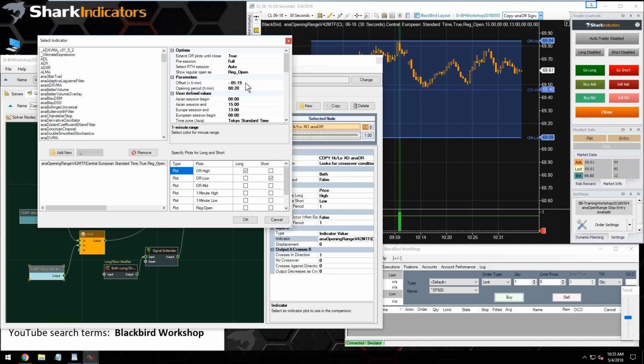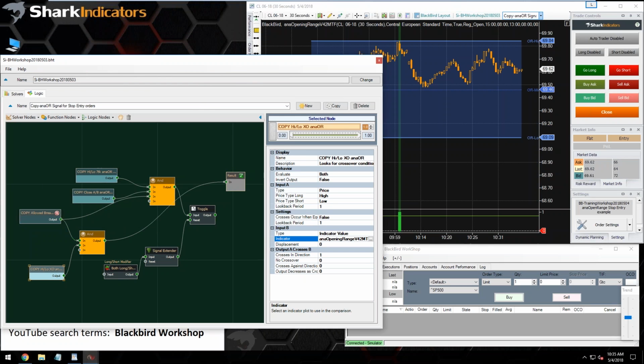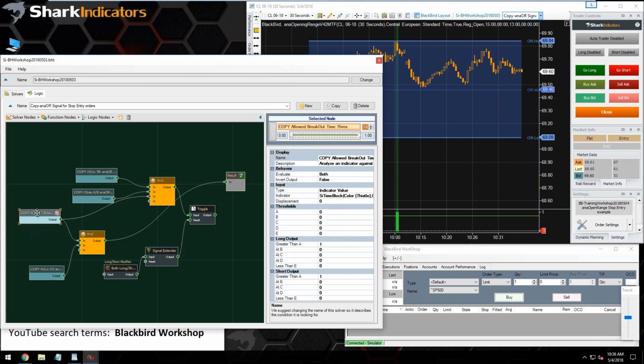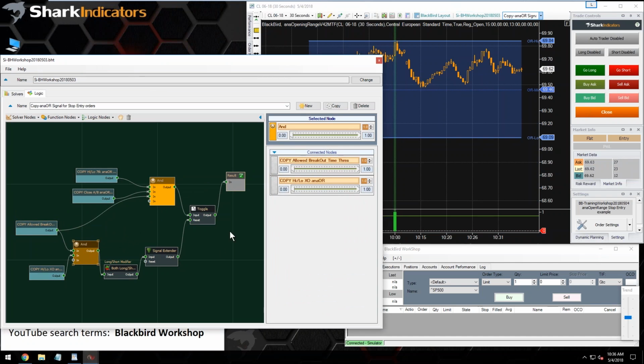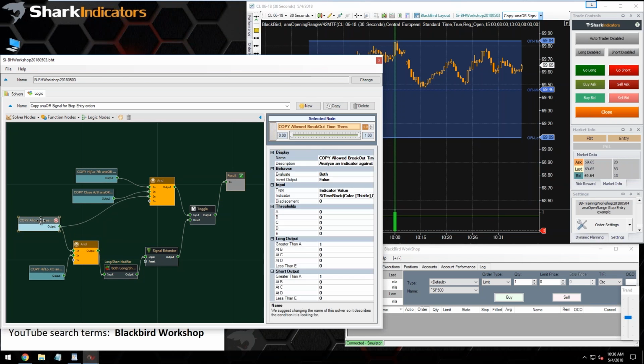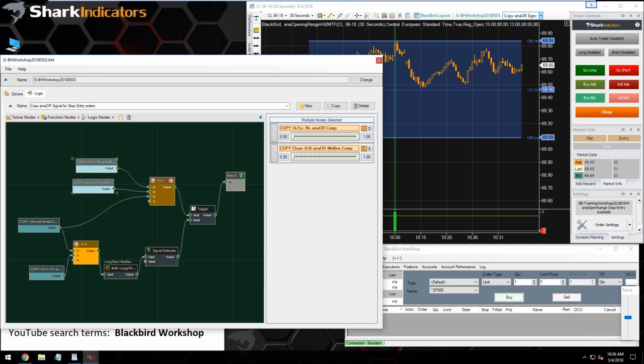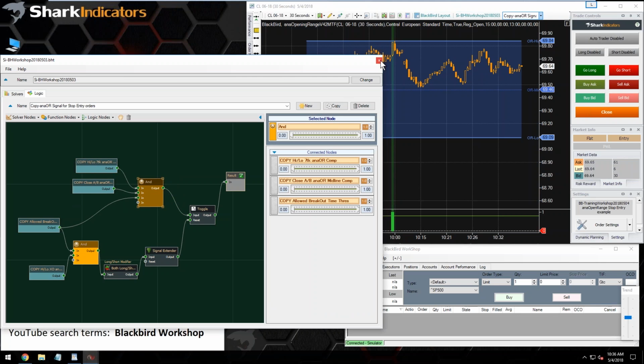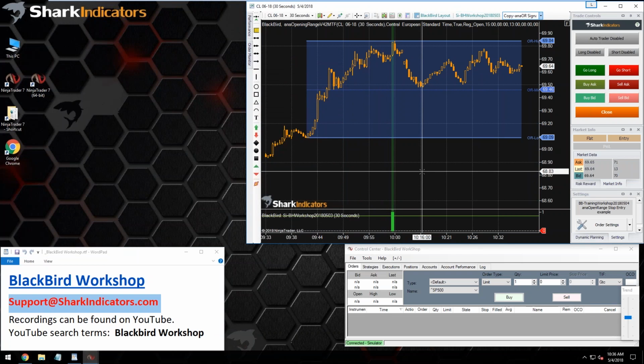Well, it would be helpful if I understood how to use this indicator better. All right, well, I'm going to see if this works. Yeah, let's go with this and see if this works here.